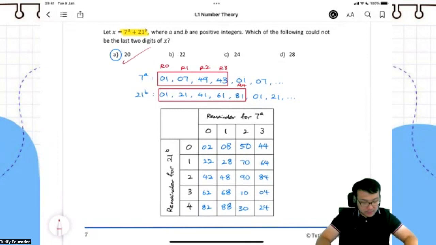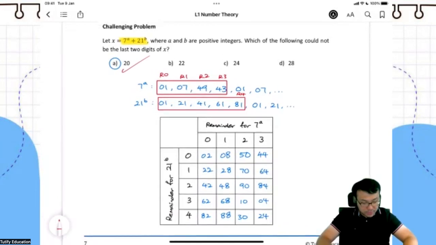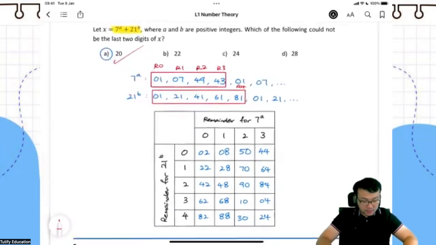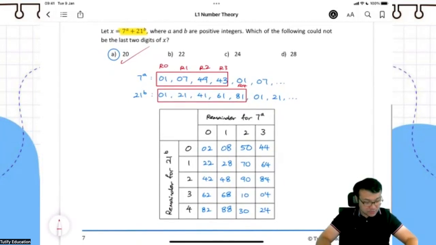Okay, do you realize that, students, no matter how you do it, the only possible last 2 digits for 7a plus 21b will always be only all these numbers. You will never ever get anything else, because the last 2 digits repeat itself in this cycle.